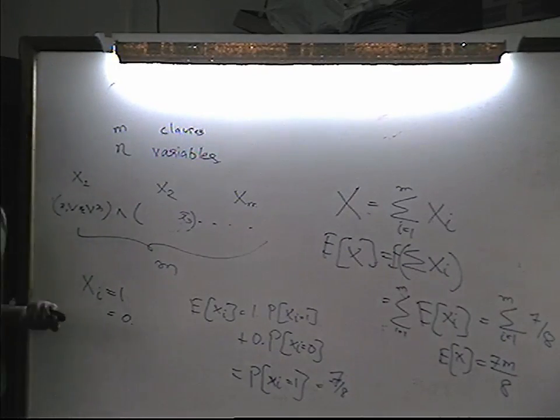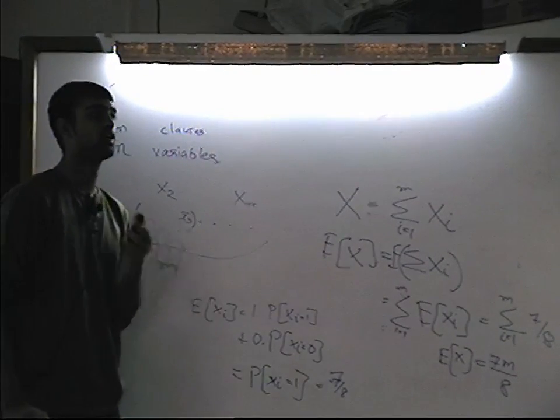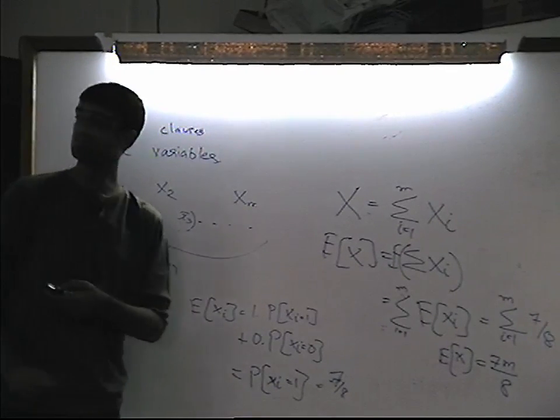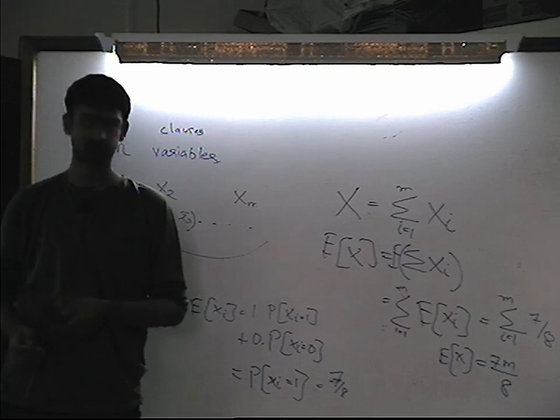So what does this give me? The expected number of clauses which are satisfied by my random assignment is 7m by 8.